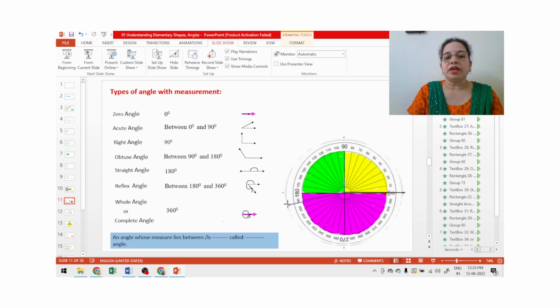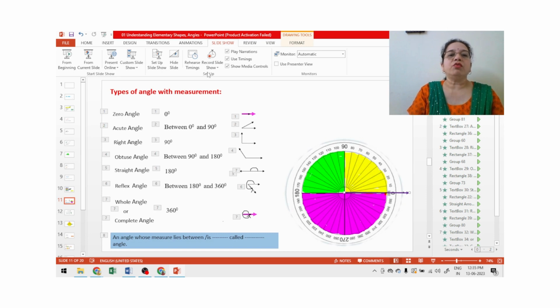Now again rotate this, so this pink region is for the reflex angle, and once again come back to the original position, that is your complete angle. One complete rotation is over, so that is a complete angle of 360 degrees. And we started with the zero angle. You can see two rays without any angle, so that is a zero angle also.